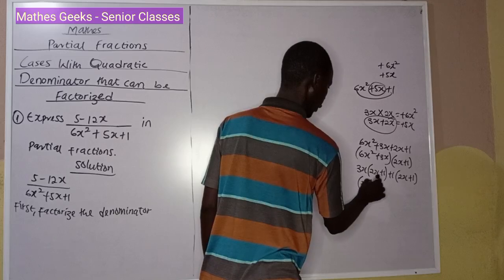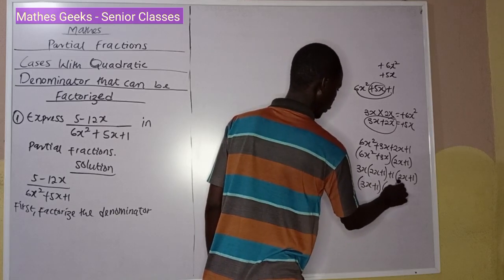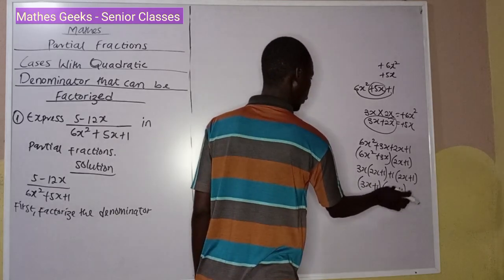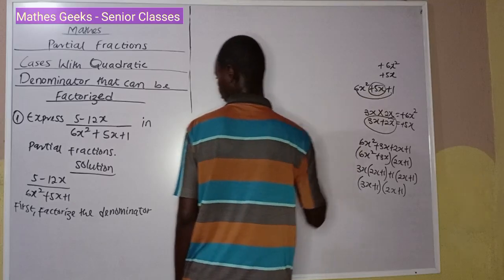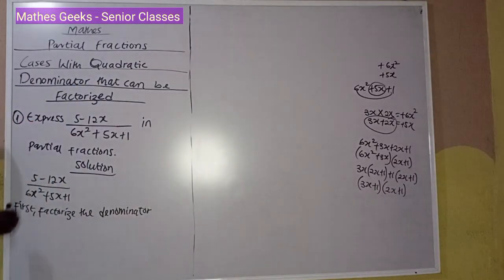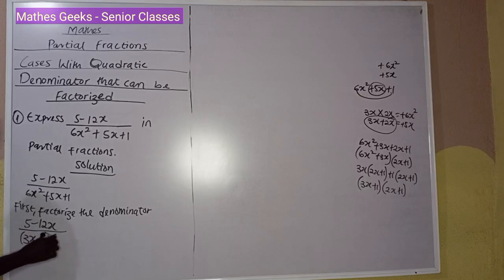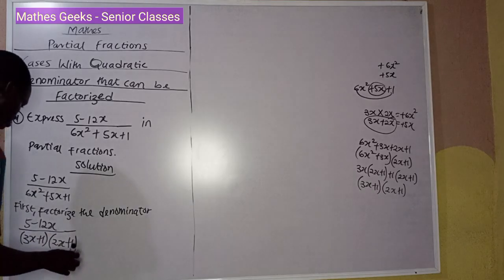So this is 3x plus 1 times 2x plus 1. So put this in place of the denominator. So this becomes 5 minus 12x over 3x plus 1, 2x plus 1.